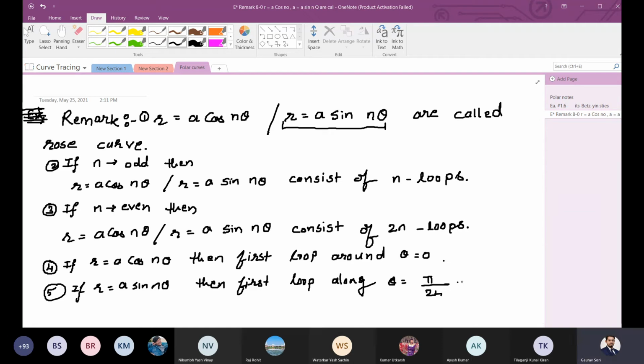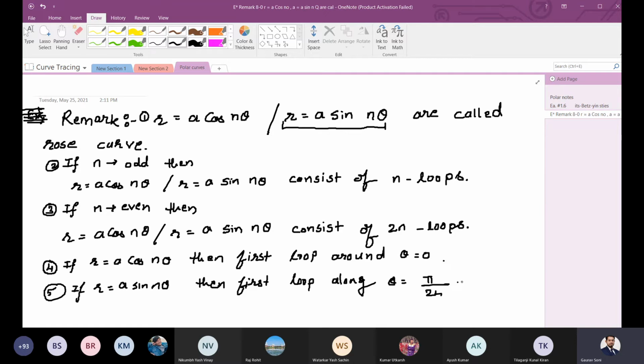So in polar, whenever you see this type of equation, r is equal to a cos n theta, r is equal to a sin n theta, then what we are going to see is, if n is odd, then you will get n number of loops. If n is even, then there are 2n number of loops. If r is equal to a cos n theta, then where will the first loop be formed? At theta equal to 0.